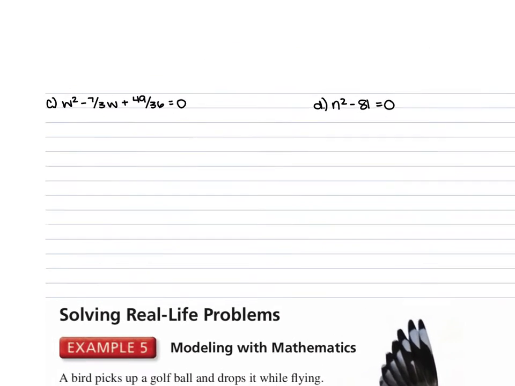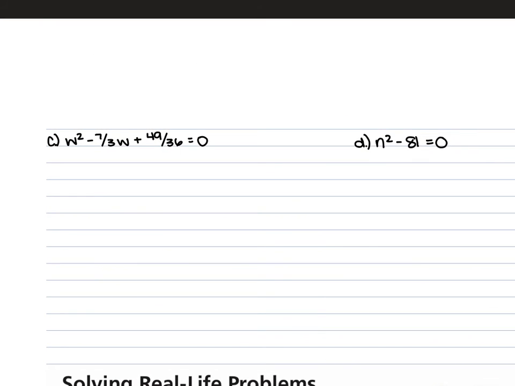If we look at example C, we have w squared minus 7/3 w plus 49 over 36 is equal to 0. If we take the square root of that w squared, we get w. If we take the square root of that 49 over 36, we get 7 over 6.